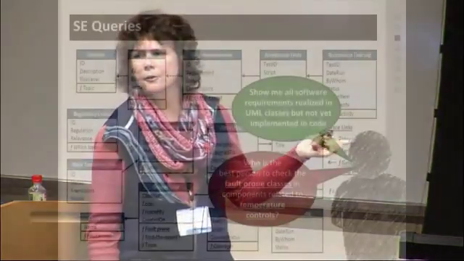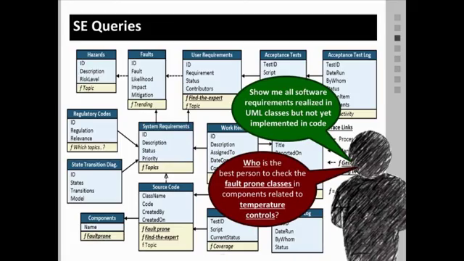A second kind of query, which really builds a lot on what Tao was saying the other day, is much more analytical in nature. So here's this query. It says, who is the best person to check the fault-prone classes in components related to temperature controls? There are actually 3 analytical functions embedded in that one simple query. We have a recommender system, which would have to answer who is the expert.